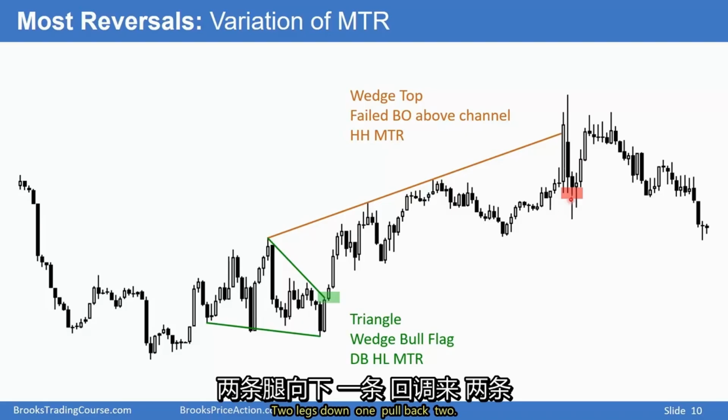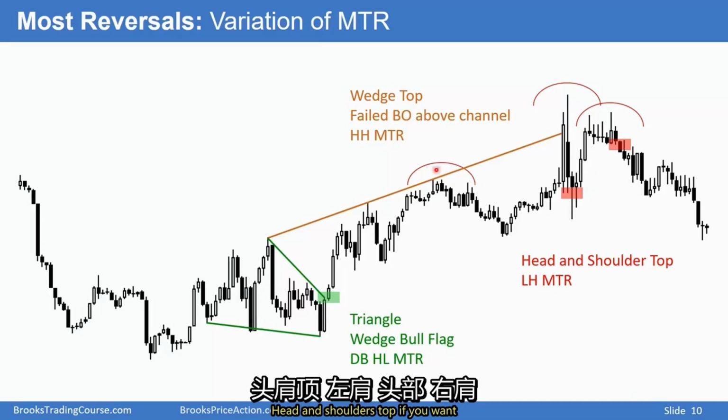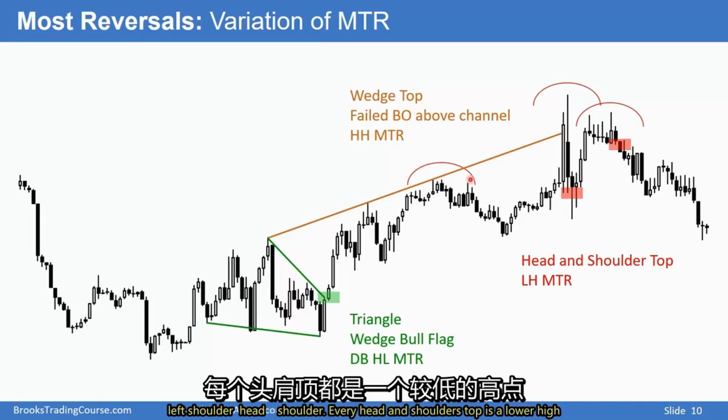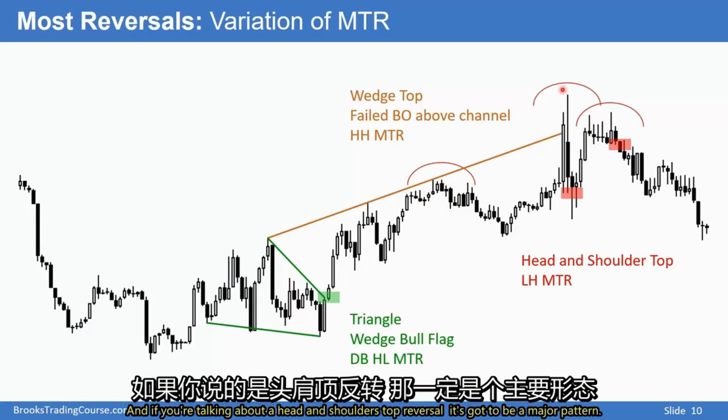2 legs down, 1 pull back 2. Head and shoulders top if you want. Left shoulder, head, right shoulder. Every head and shoulders top is a lower high major trend reversal, right? Because the right shoulder is always below the head. And if you're talking about a head and shoulders top reversal, it's got to be a major pattern.